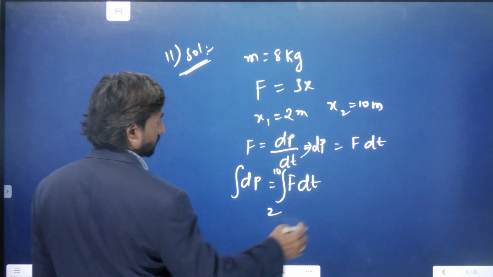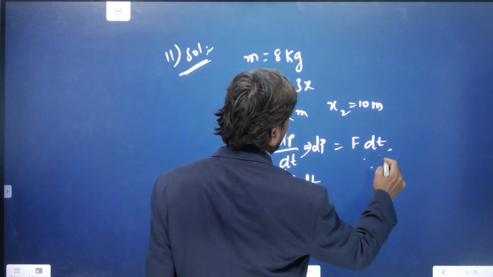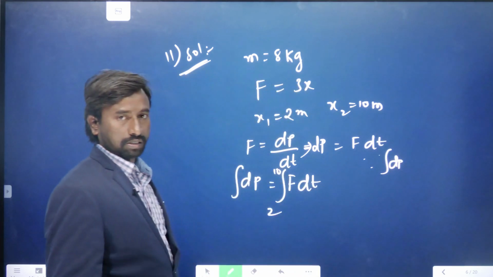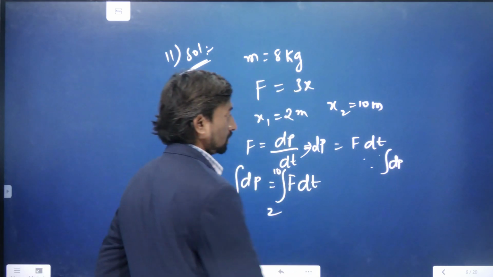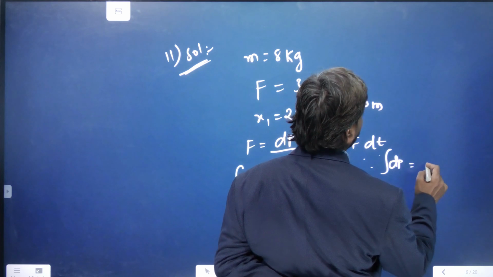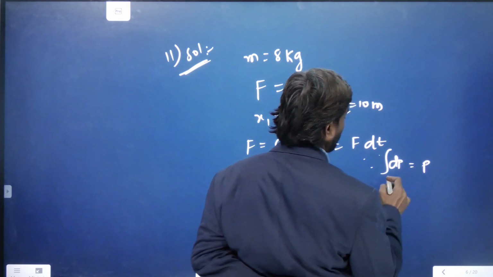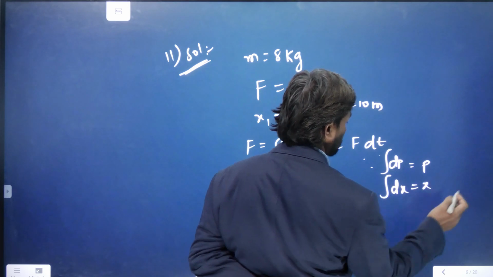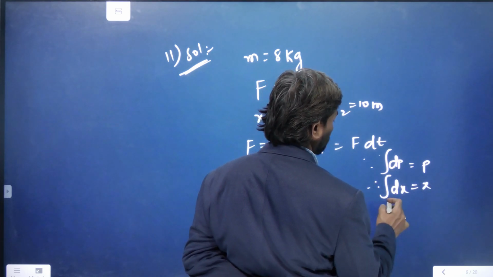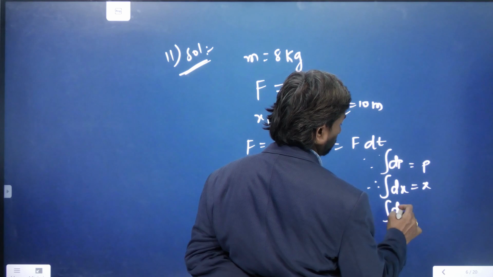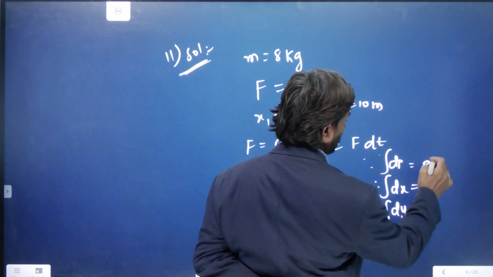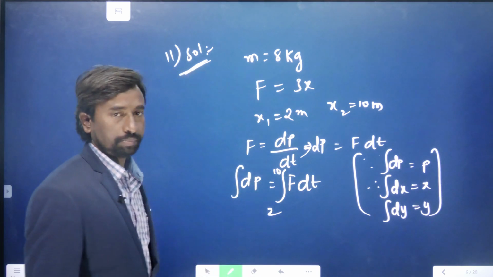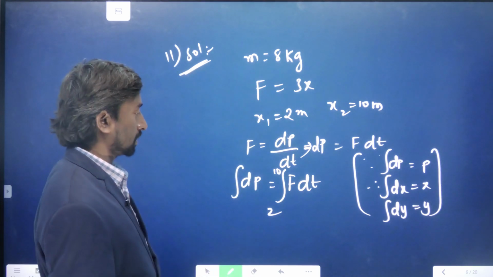So the integral of dP. We have learned integration from this formula, or in the next class we are going to learn it. Integration is a mathematical concept, so based on that concept we will take it here.